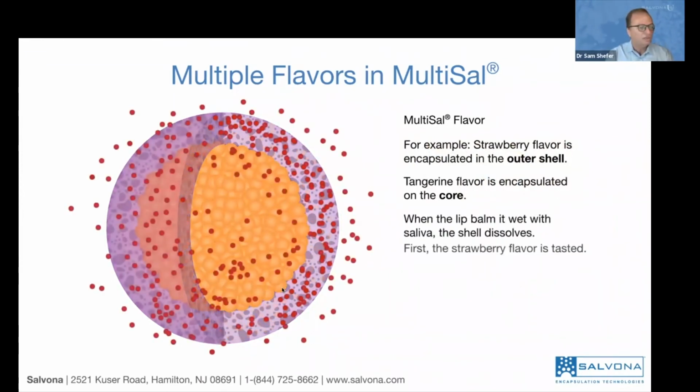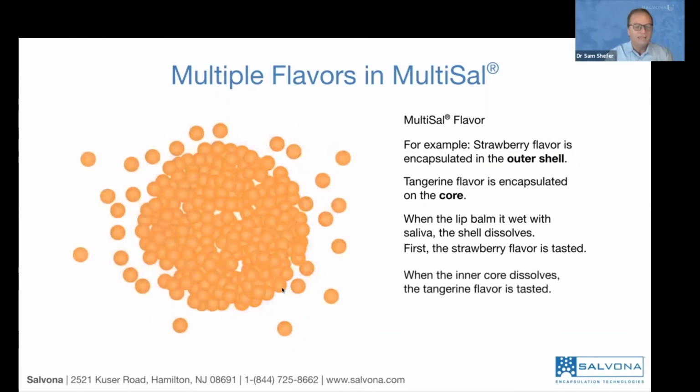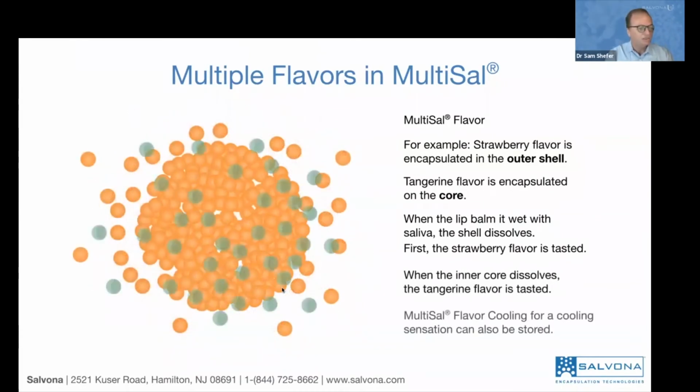Once you approach it with water, you release the strawberry. The strawberry will be gone, and then the tangerine will kick in. And that's what's unique about two flavors or MultiSal with flavor and cooling. First, you have a flavor, and then you have a freshening to the lips.